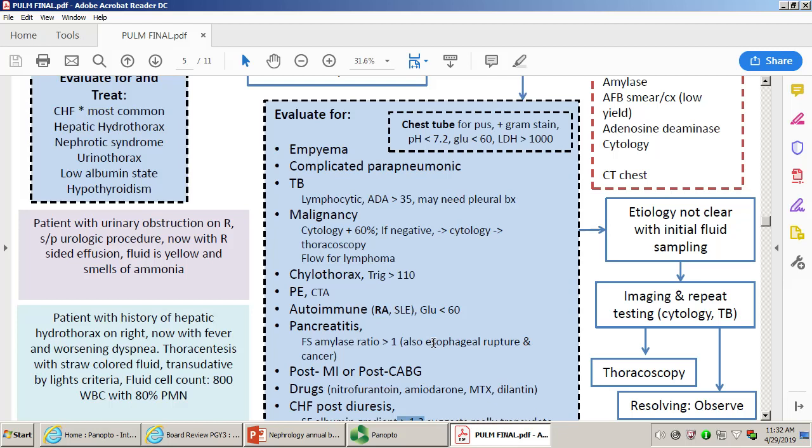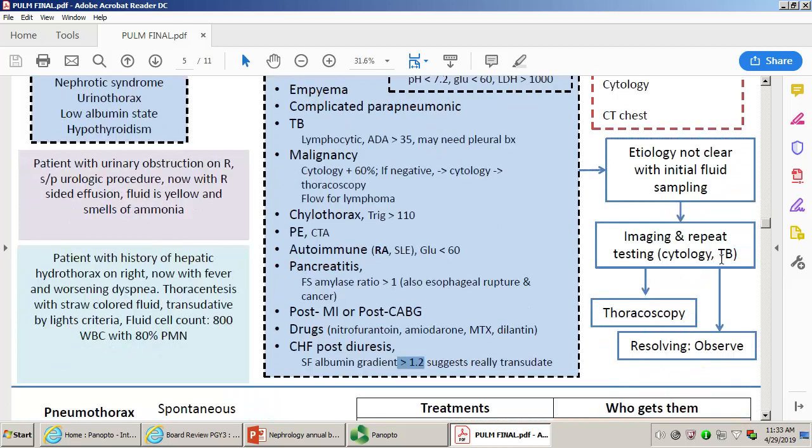I feel like it's a common place that we get trapped in a patient assessment. You should do imaging, so do a repeat CT of the chest. After having that fluid out, sometimes a mass or a pleural abnormality may become more evident. You can do repeat testing, so do a thora again, send down more volume for cytology. Maybe investigate TB if you didn't send an ADA before.